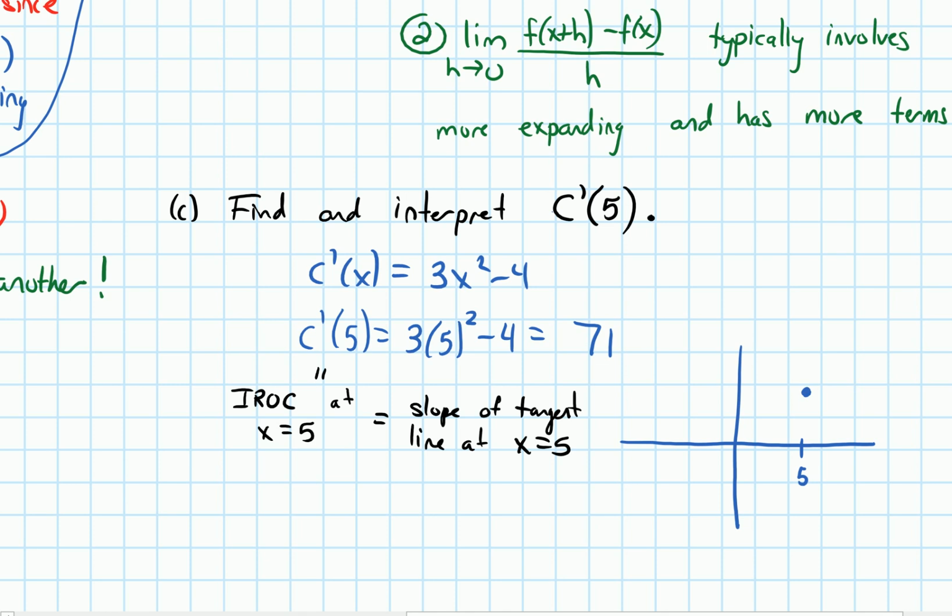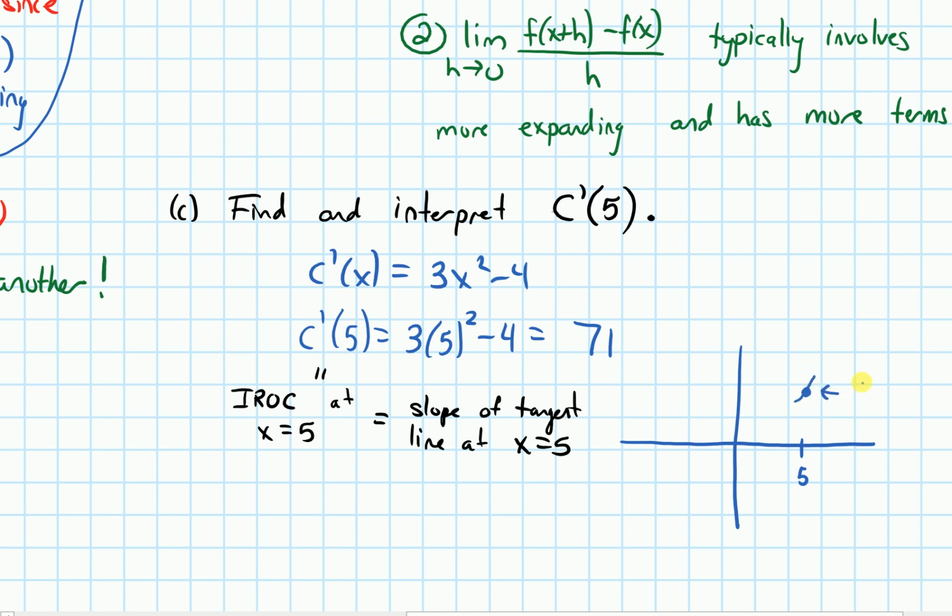The fact that the derivative is 71 there tells me that the tangent line at this point should have a slope of 71. So whatever direction my graph is curving in, it needs to be really steep at x equals 5. Maybe it's curvy, but really steep.